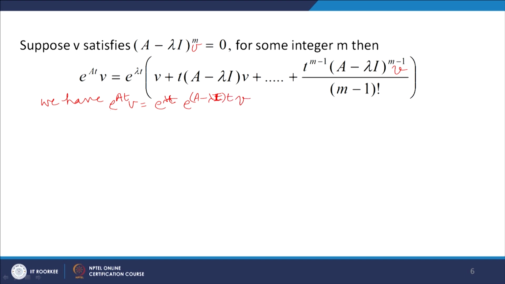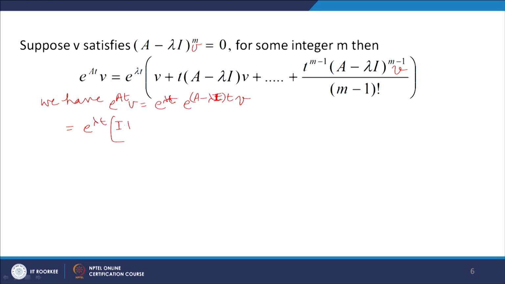Okay, this is what we have: e to the power A t into b equals e to the power lambda t into e to the power (A minus lambda I) t operating on b. So, this is equal to e to the power lambda t, and let us write the expansion series for this.